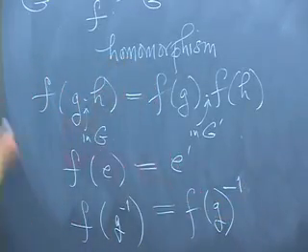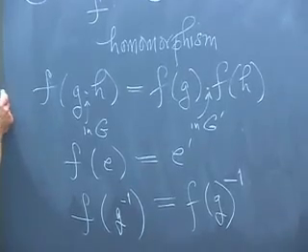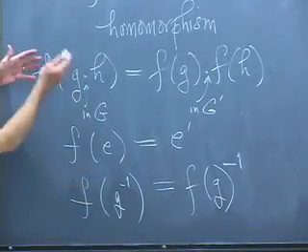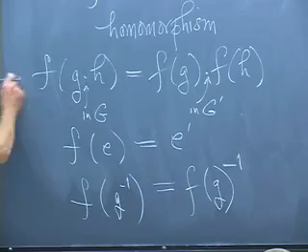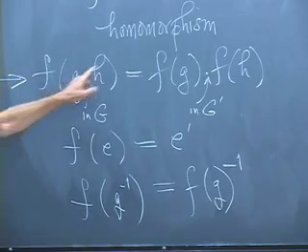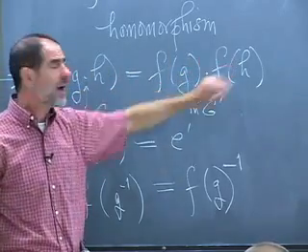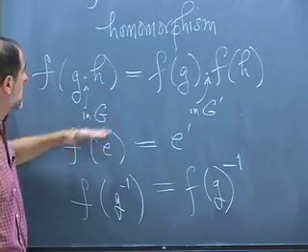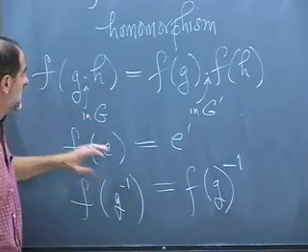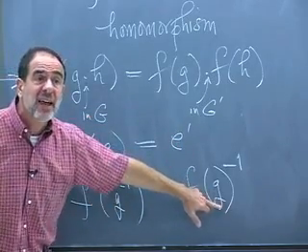So once you have this property, this is the only thing you need to assume. I mean, you'd want all of these properties if you preserve the group structure. But once you assume the property that it takes one multiplication into the other, it immediately follows that it takes the identity into the identity, and it takes inverses into inverses.